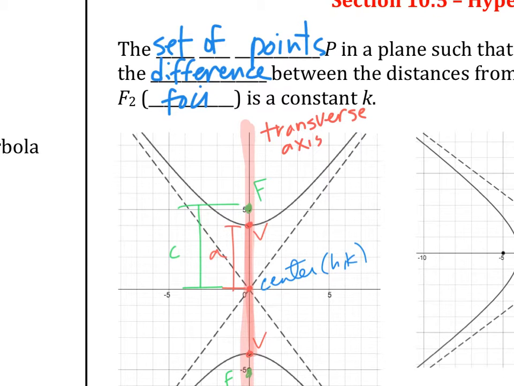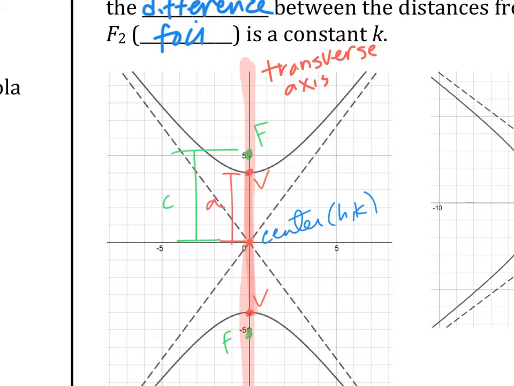Okay, transverse axis is where the hyperbola opens. It's where the vertices are. It's where the foci are. The other one, let's make it yellow. Okay, the yellow one, this one that goes not in the same direction as the hyperbola, this is called the conjugate axis. So the conjugate axis is where the hyperbola is not opening.